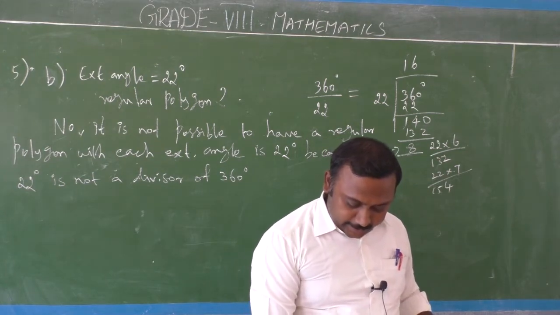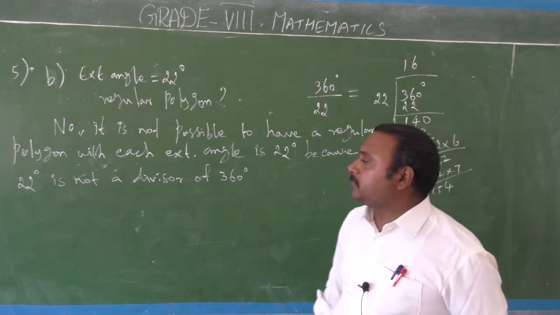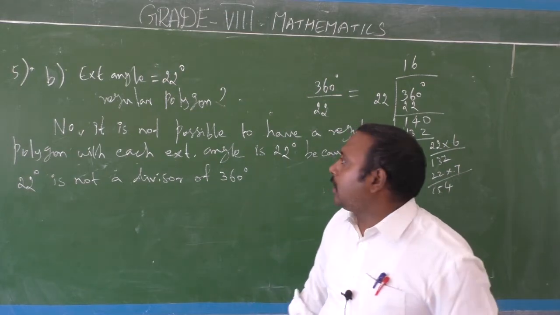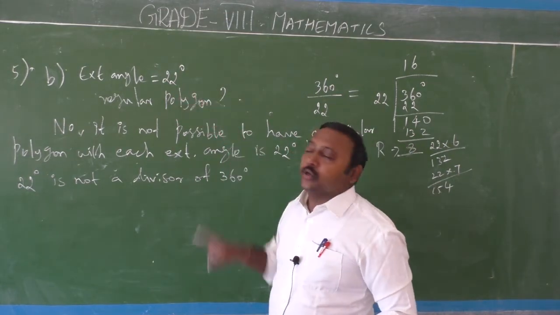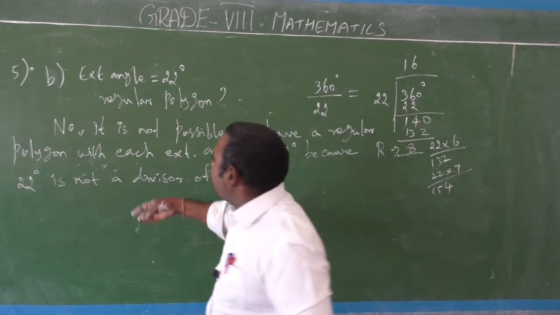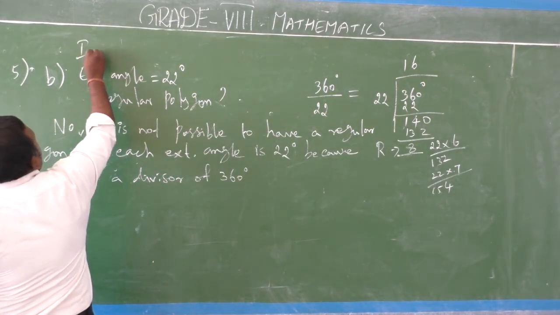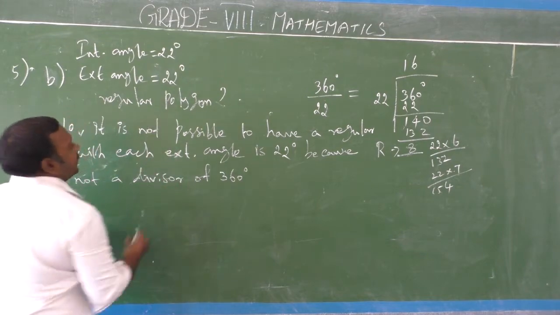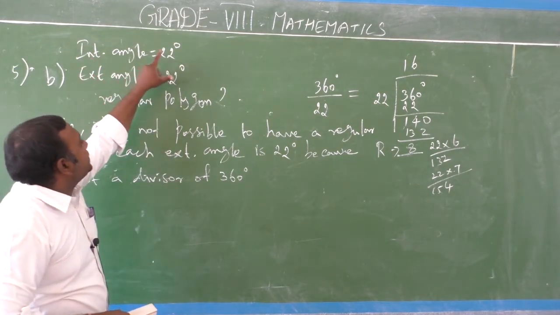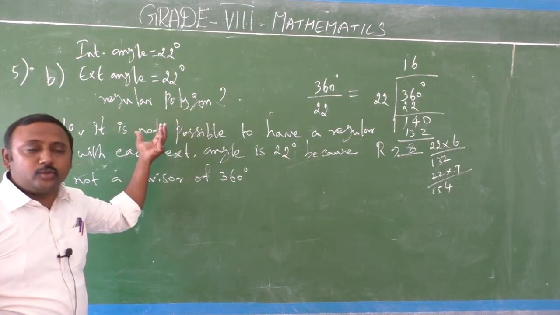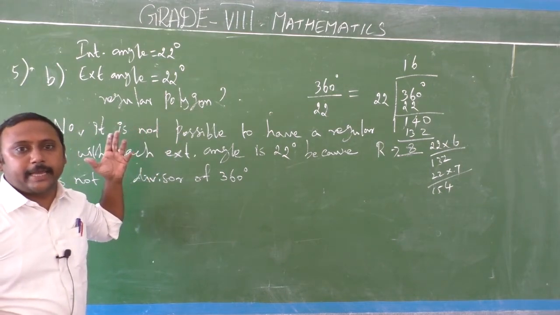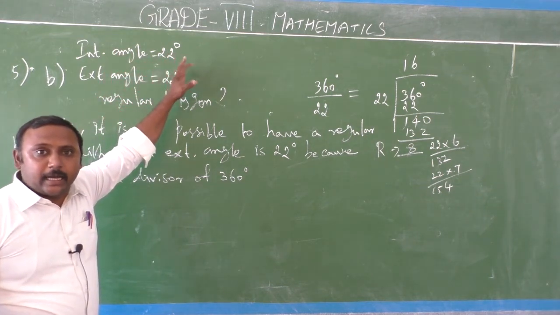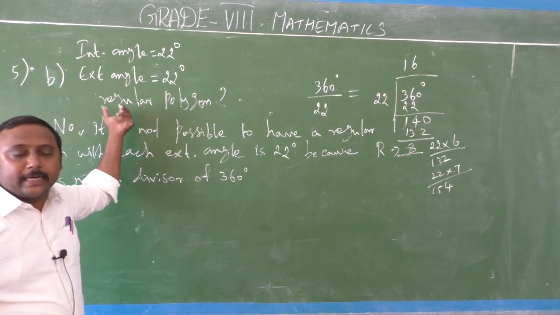Already we were talking about the exterior angle being 22 degrees, but in this question the interior angle is equal to 22 degrees. So, if the interior angle is 22 degrees, is it possible to have a regular polygon?